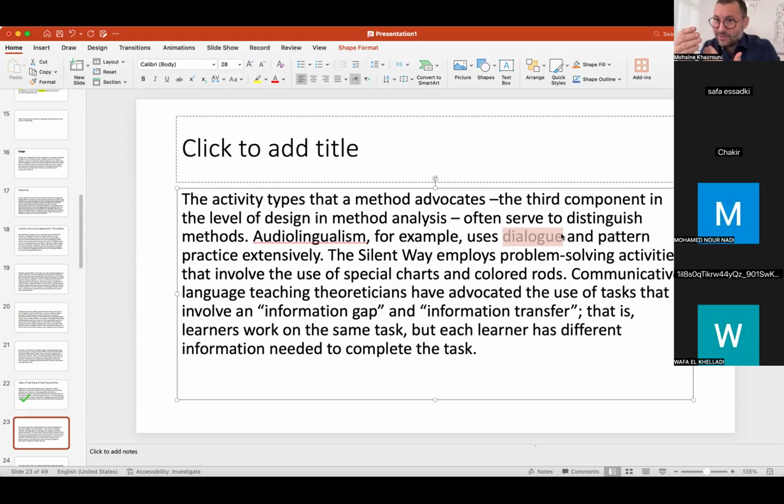Your objective can be grammar or communication, but the same task, which is a dialogue. You get the point. So if you believe that audiolingual method is the method for you, you can use a dialogue. Also, you can use a dialogue for communicative language teaching, but you will apply them differently.